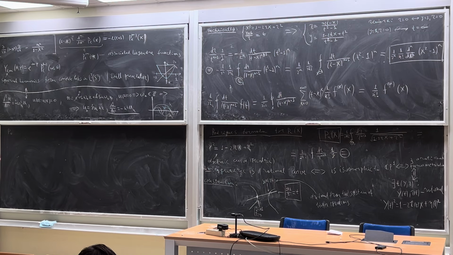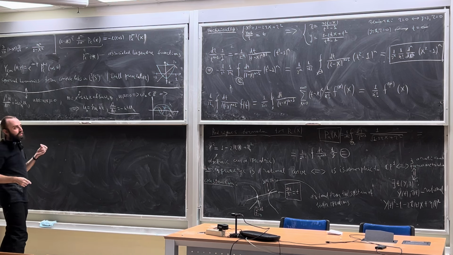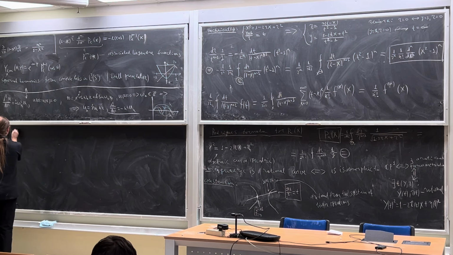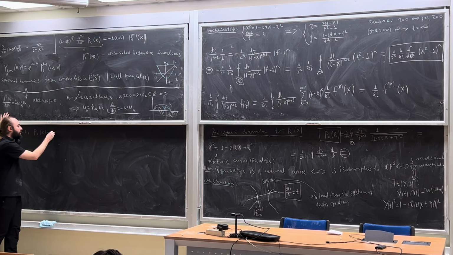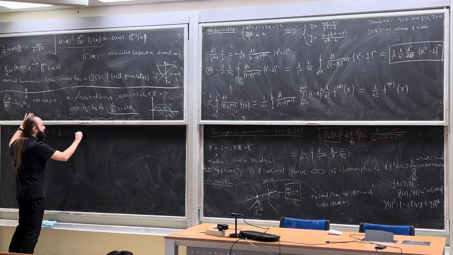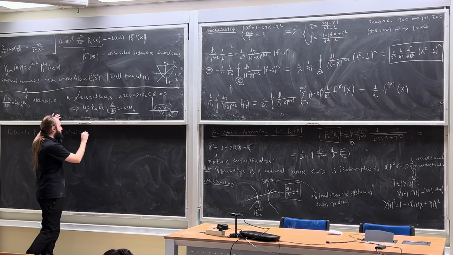So P0, n equals 0, it is just 1. P1, 1 over 2, d over dx of x squared minus 1, which is x.